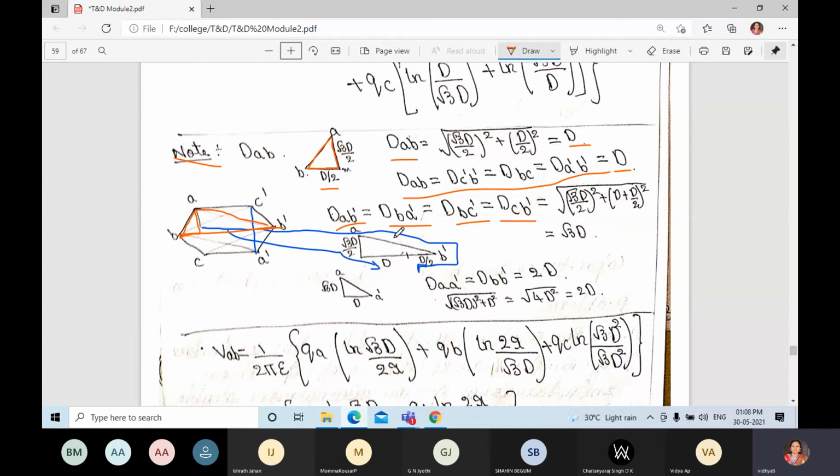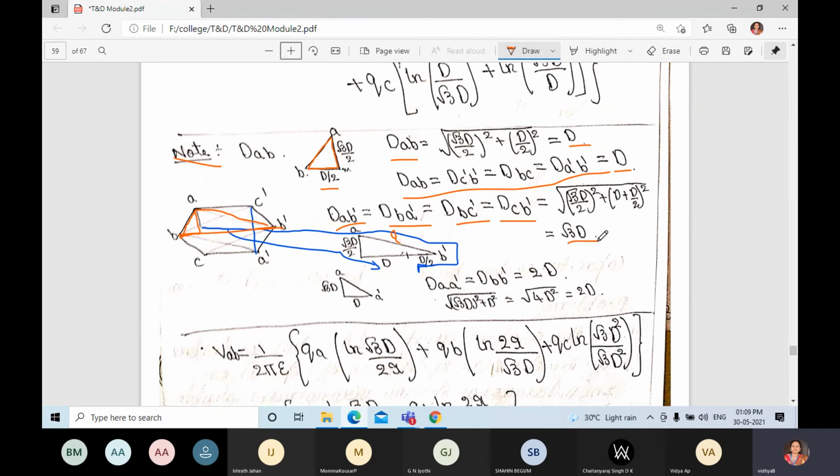We don't know the value between A and B dash. So it is the square root of (square root of 3 into D divided by 2) whole square plus (D plus D by 2) whole square. What will you get? Square root of 3 into D.